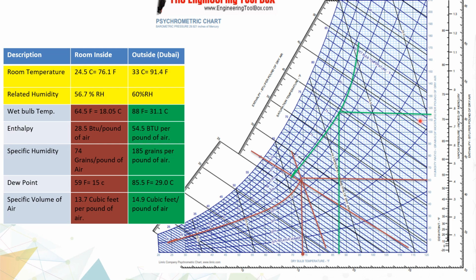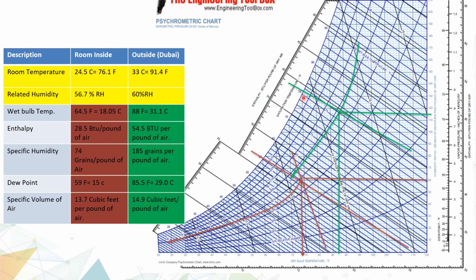You can find the specific humidity here. The specific humidity says it is 185 grains per pound, and this line represents our wet bulb temperature and enthalpy. The wet bulb temperature is 88 degrees Fahrenheit.